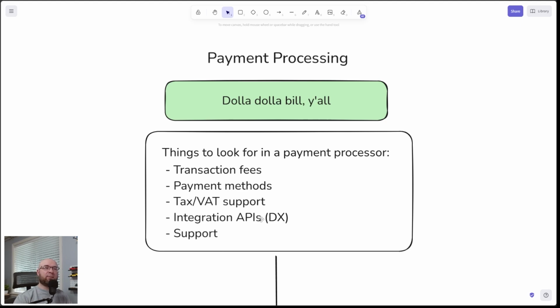Then integration APIs. And this DX means developer experience. This is something not many people think about. But let's say you go to a website and the website says contact sales or contact support. Are you more likely to choose that service?